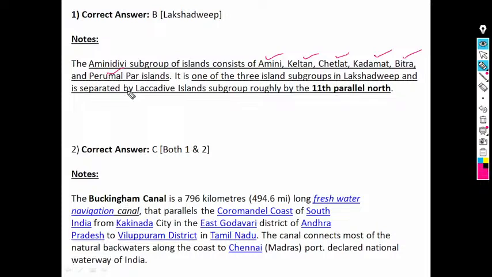It is one of the 3 island subgroups in Lakshadweep, separated from the other Lakshadweep island subgroup by roughly the 11th parallel north.